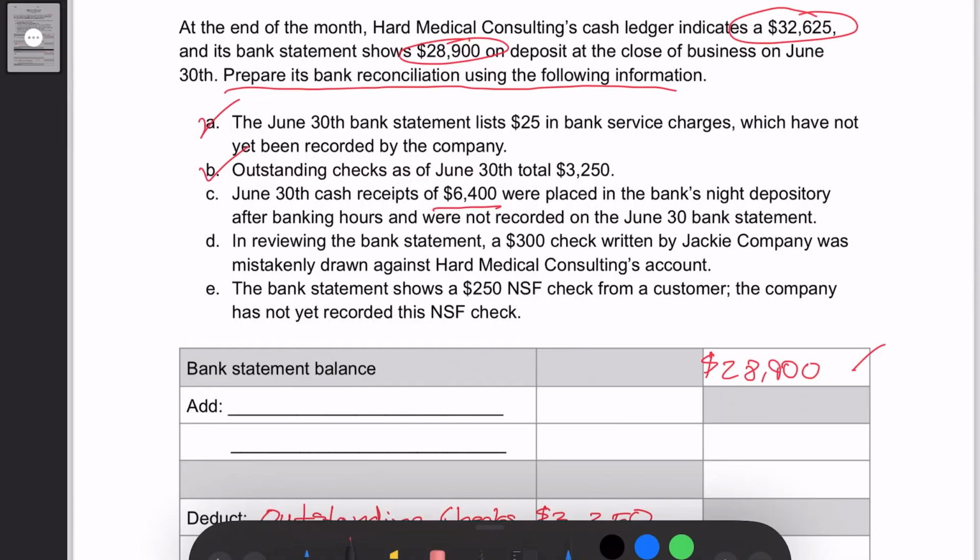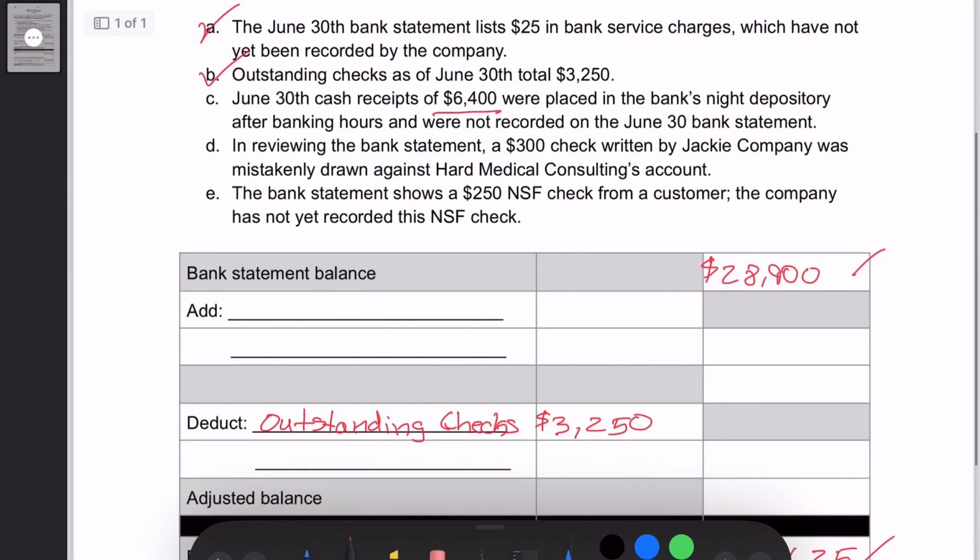It's not reflected, however, on the bank statement because those checks did not clear that period of time. Therefore, these are considered deposits in transit. How do we treat deposits in transit? They will always be additions to the bank side of the bank rec. So we'll go to the addition side of our bank rec and we will write deposits in transit.